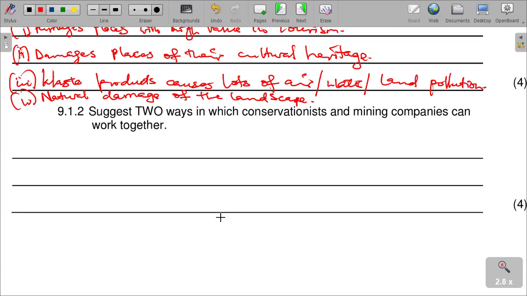And then question 9.1.2 asks for two ways in which conservationists and mining companies can work together. How can they work together? One, there should be strict government laws that govern mining.